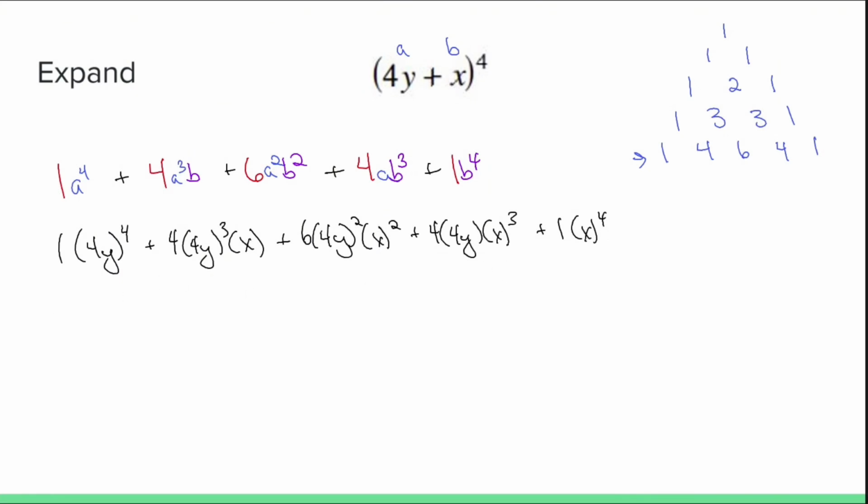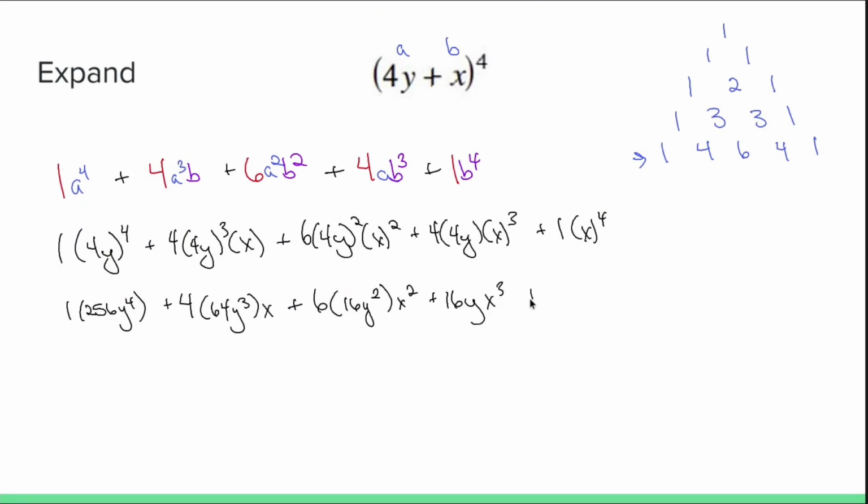Okay? 1 times 4 to the 4th power is 256, times y to the 4th power is y to the 4th, plus 4 times 4 to the 3rd power is 64, y to the 3rd power, x, plus 6 times 4 squared is 16, y squared, x squared, plus 4 times 4, I could do that right now, 16y, x to the 3rd power, plus 1, x to the 4th power.